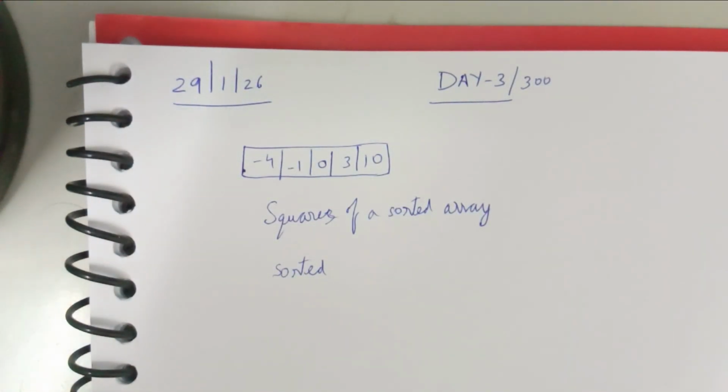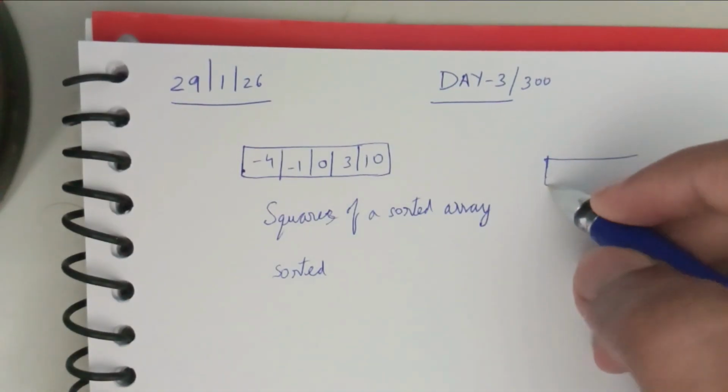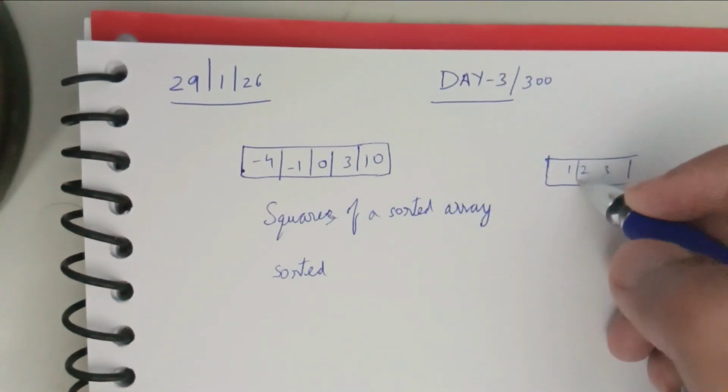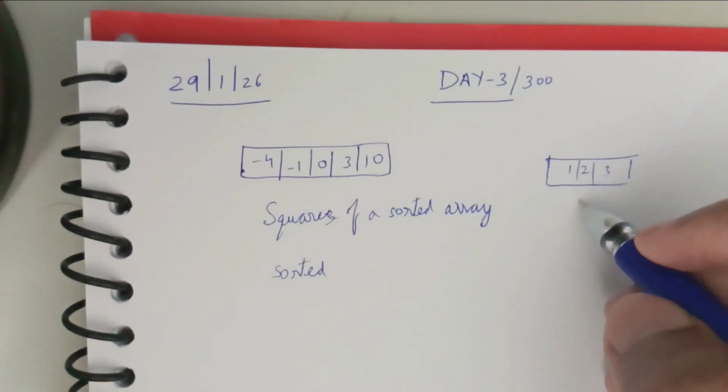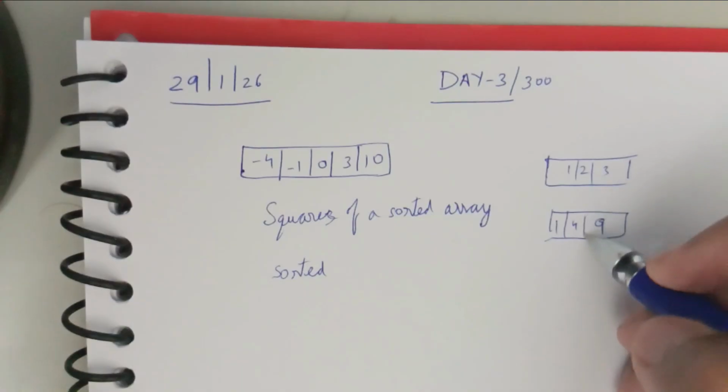If we had just an array with only positive numbers, and it is sorted, we could have just run a for loop through the array, squared all the numbers and returned it. For example, if we have an array of 1 2 3 and it is sorted, we just square this and we get 1 4 9, which is a valid answer.